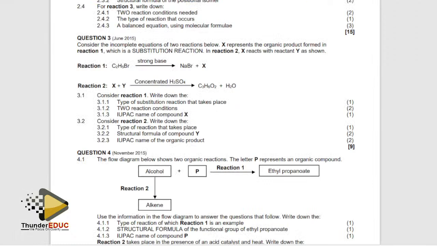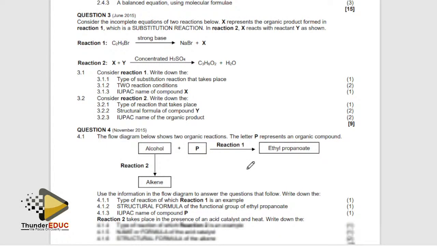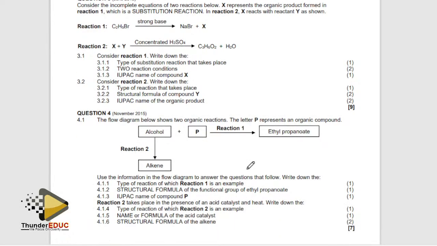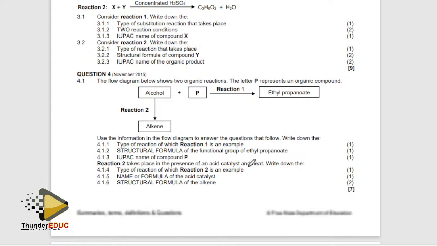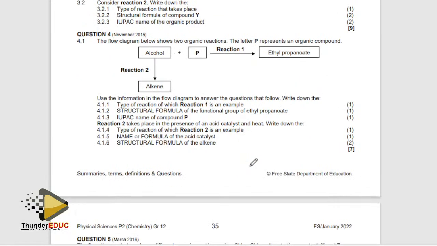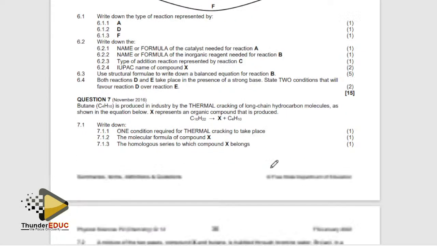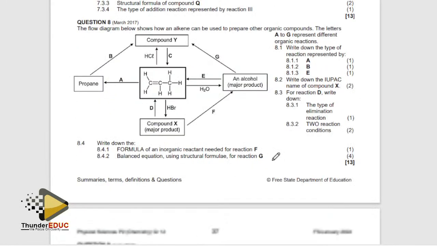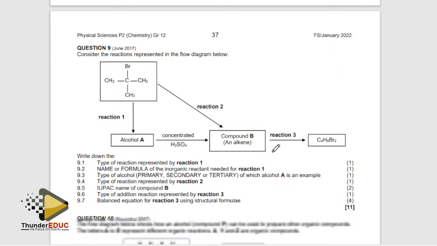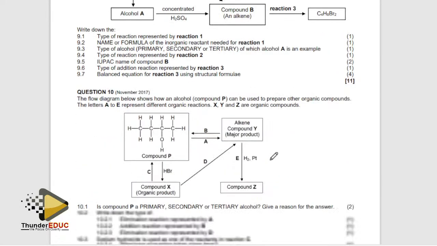Let me use an example here. Let me look at just one or two questions for the reaction. Which question should I look at? This one can also be good. Let me check if I find another good question. This one can be better.